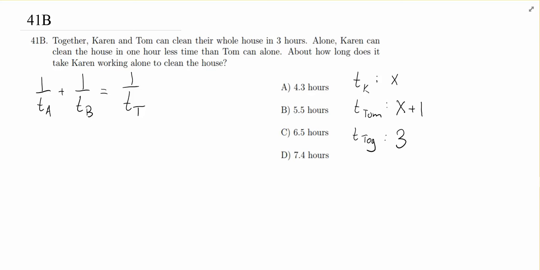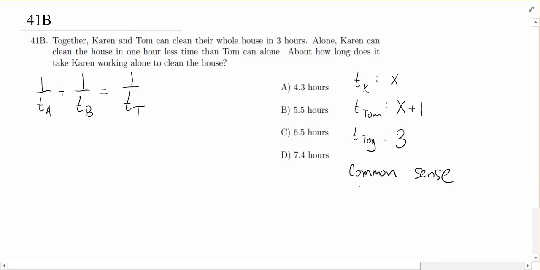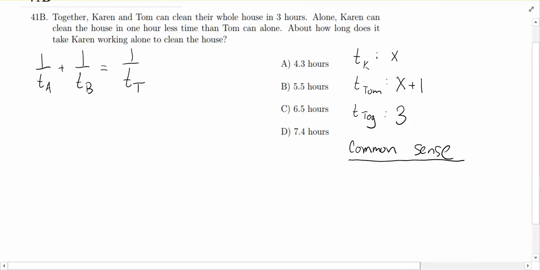So before I get into the nitty-gritty math, let's talk about the common sense approach, which in this case, in these multiple choice options, will actually get us the correct answer. The common sense approach I want to take is to start off saying, if they worked at the same speed, and they don't, then Karen's time alone and Tom's time alone would both be 6.